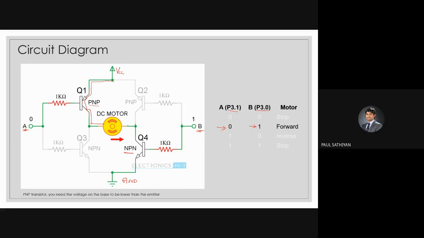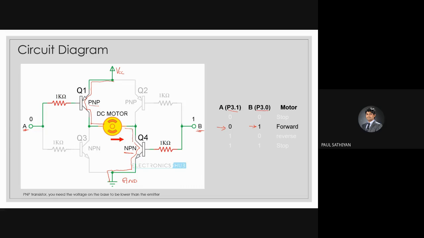It goes through the motor, and then this is an NPN transistor, so B is made high. Q4 turns on, and the current starts flowing. This is how the current flows in one direction. Say, for example, this is the forward direction.